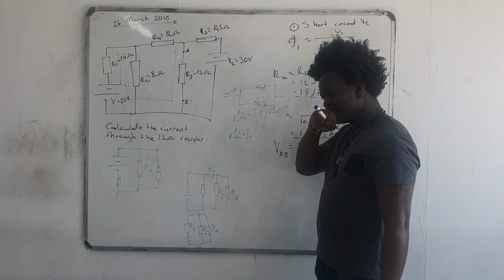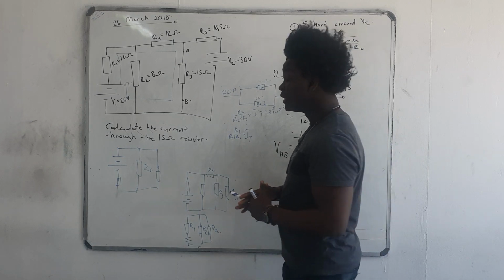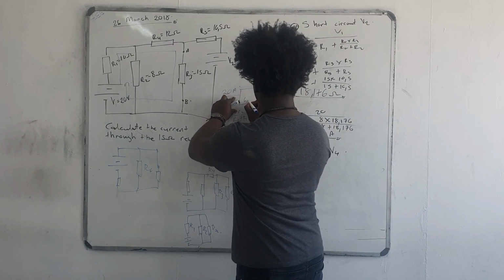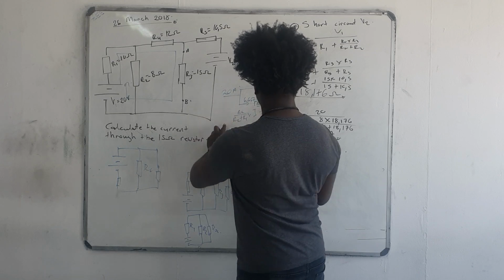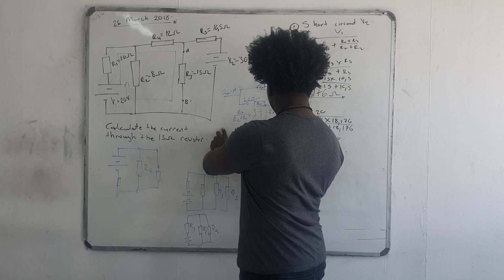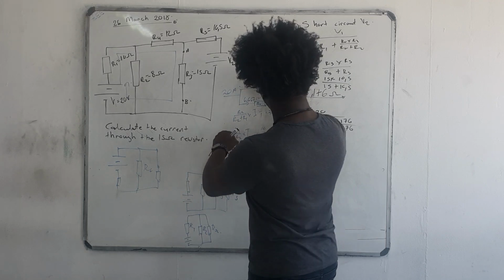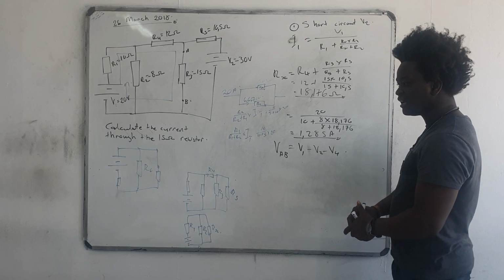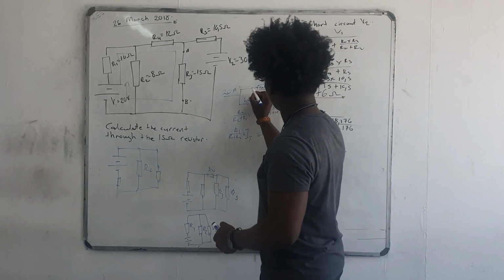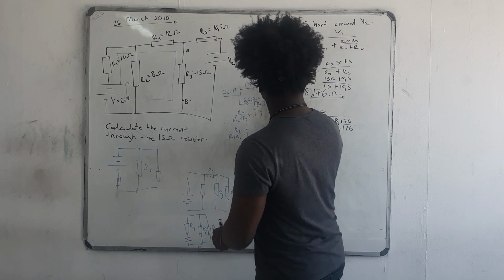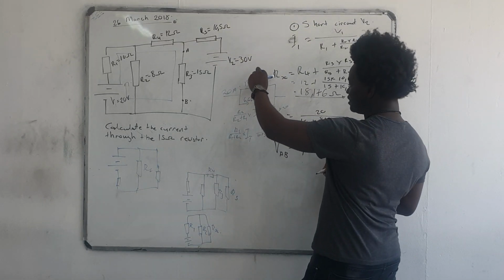We got 6.667, so the current flowing through here is 6.667 amps. If you do the same thing here, it will be 10 divided by 10 plus 5, times 20, and the answer is 13.333 amps. This is the current flowing through this resistor.